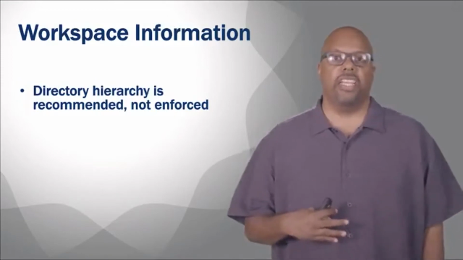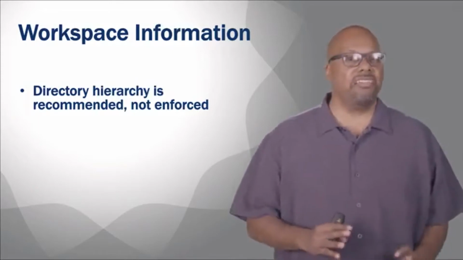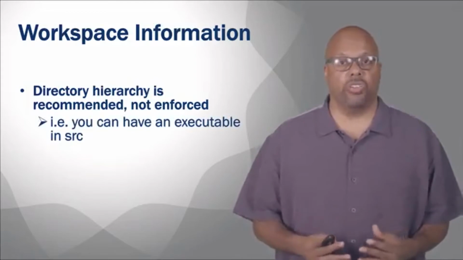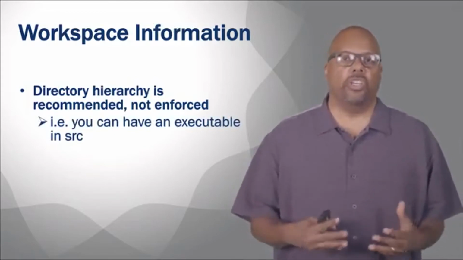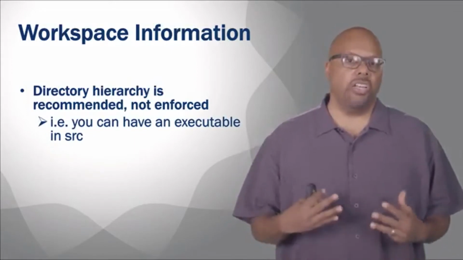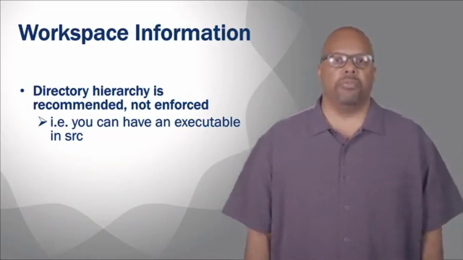So the source, bin, and package subdirectories are not enforced. For instance, you can have an executable in the source directory if you want. It is not neat and it's harder for people to share, but it's going to run. You can compile it and put it anywhere you want and run the executable. It's just a recommendation to make it easy to share with other people.